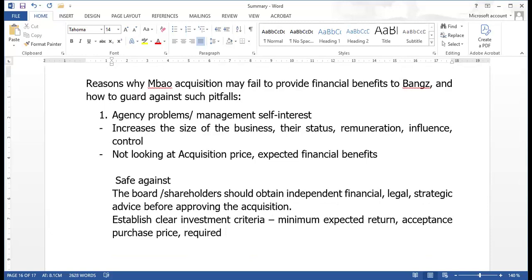You compute those things of payback period. So you try really to have those investment criteria that you need.